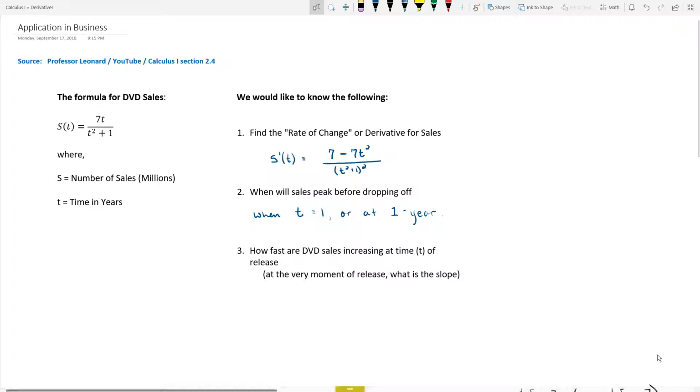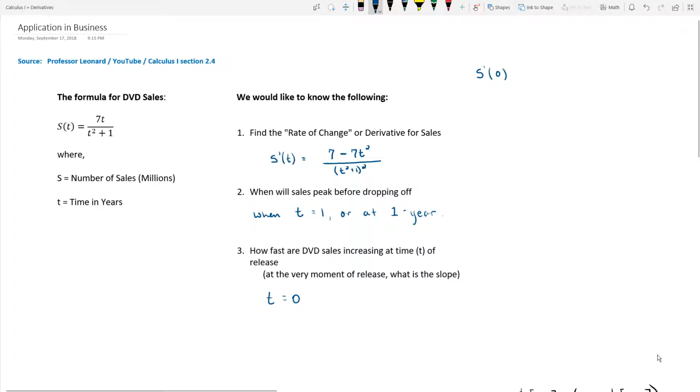So when our time is 0, how fast, according to our equation that we found, are these sales increasing? To do that, we simply take our S prime of t equation, and we will just say S prime at 0, and plug that in.